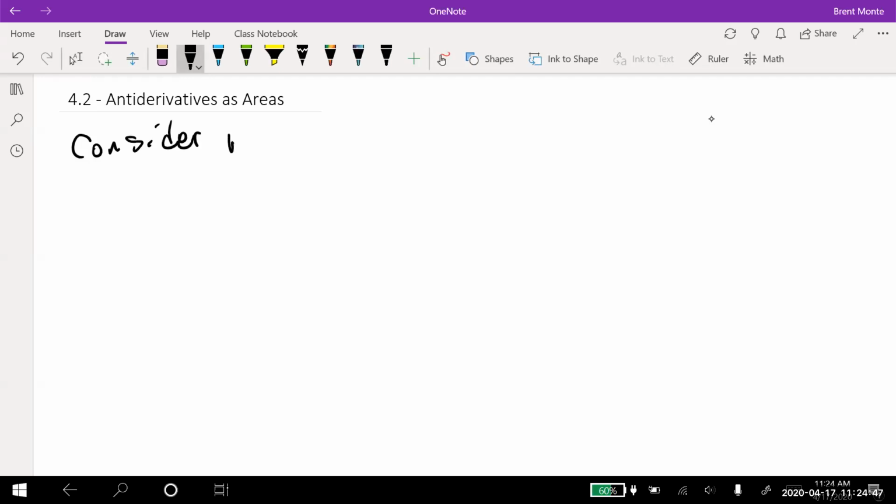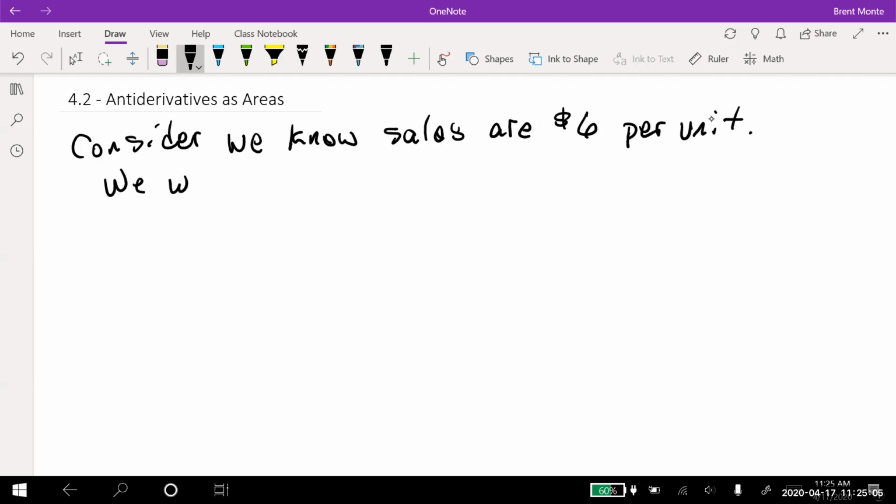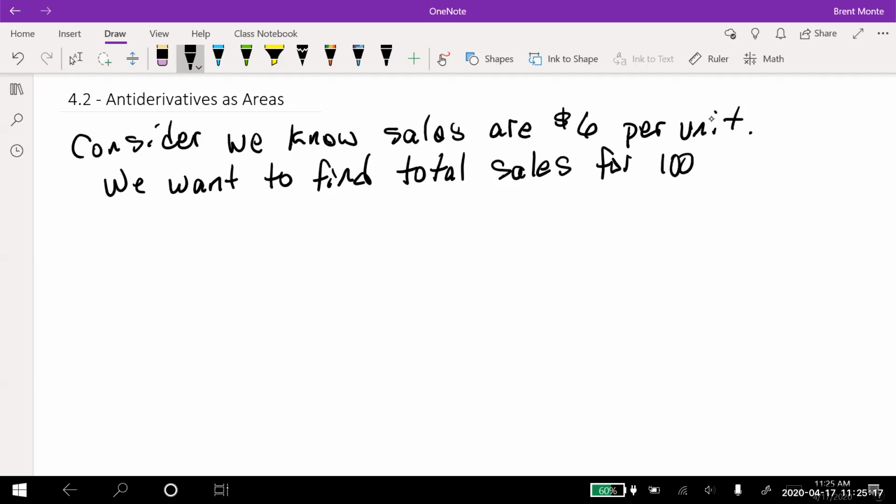Suppose we know sales are $6 per unit, and we want to find total sales for 100 units.